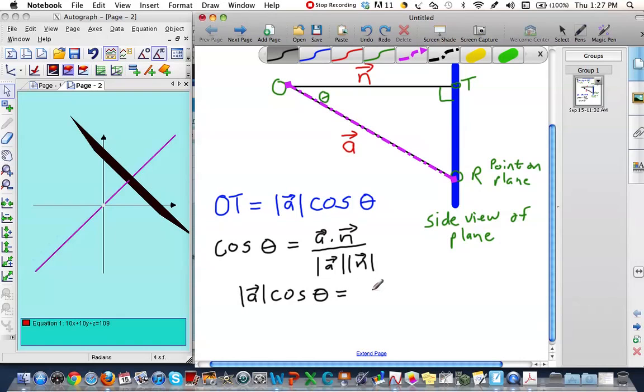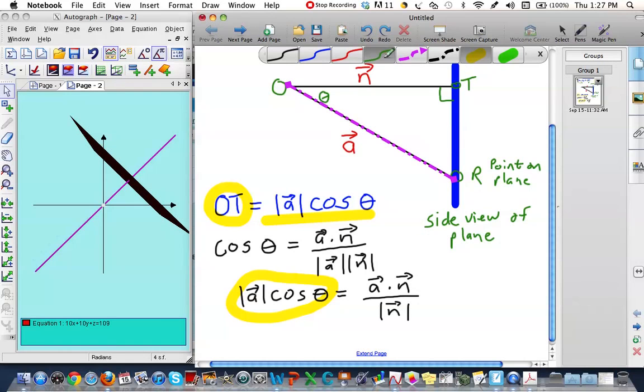I would have on the right hand side the dot product of A and N divided by the magnitude of N. And it hopefully is fairly obvious that the magnitude of A times cos theta also equals OT, OT being the distance of the plane from the origin, and so this gives us the value OT.